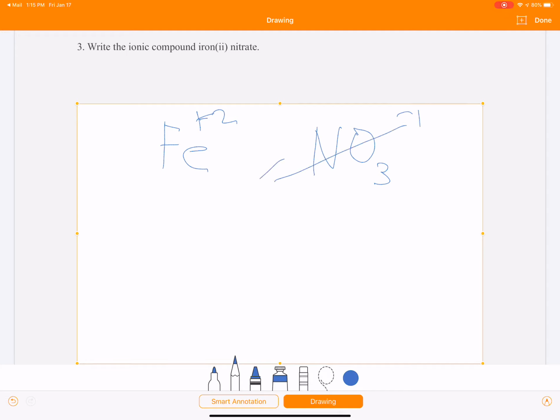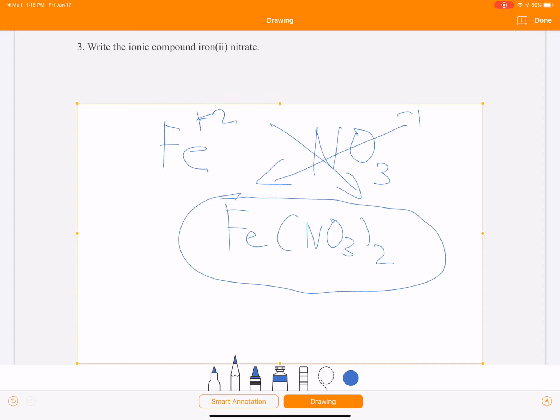So we do our swap, and we get iron 2 nitrate. So I brought down the 2 for nitrate, and I put it in parentheses. So if you would like, you can always double check. Sometimes you don't have enough time on a test, but if you want to double check, you see that iron has a +2 charge, nitrate has a -1, but we have 2 of them. So that gives us a -2 charge. So +2 plus -2 gives us 0, and that's what we want.